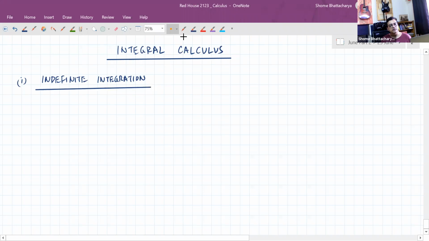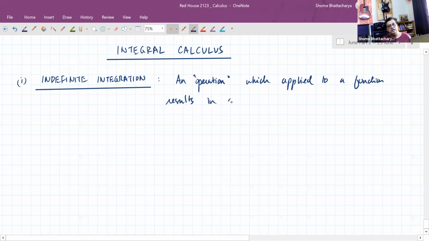Indefinite integration is an operation that, applied to a function, results in the calculation of its antiderivative.